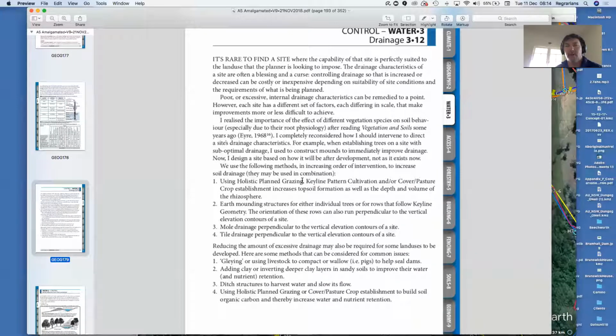I spoke about in the Q&A on Thursday, Friday for people, a book called Vegetation and Soils, where after reading that book, I completely reconsidered how I should intervene to change a site's drainage characteristics, because it's quite clear, especially after reading that book from Eyre in 1968, that the vegetation communities that exist on a soil have in large part the greatest influence over the drainage characteristics of that soil.